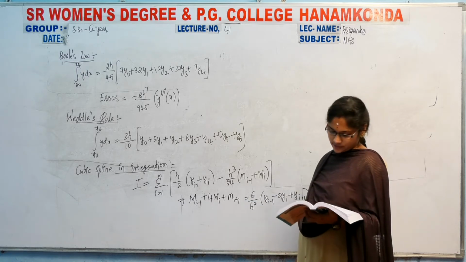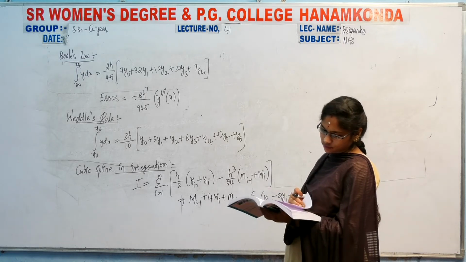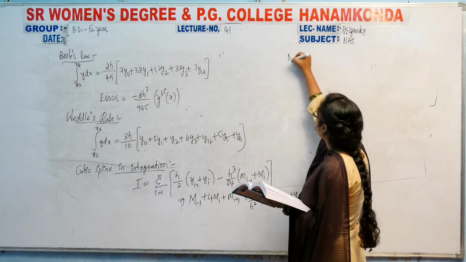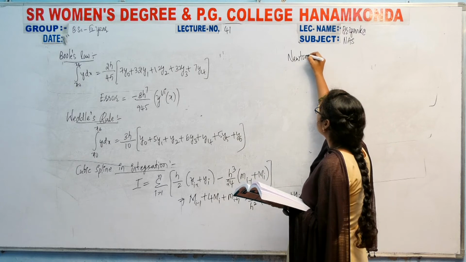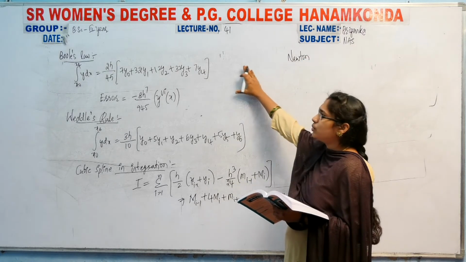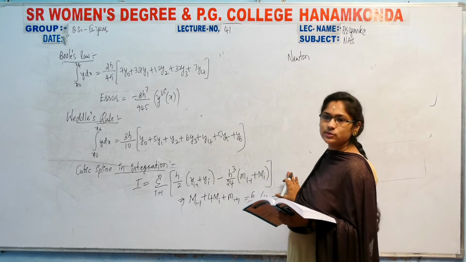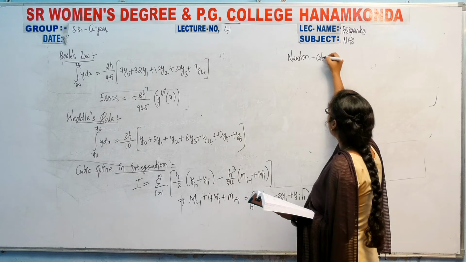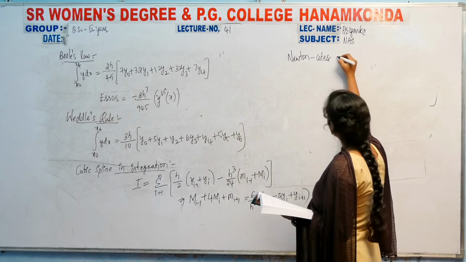From this we have. Next write down. This is the last method. So here I am giving 4 methods: Boole's rule, Weddle's rule, cubic spline in integration, Newton's Cotes rule, and after this I will discuss the application.